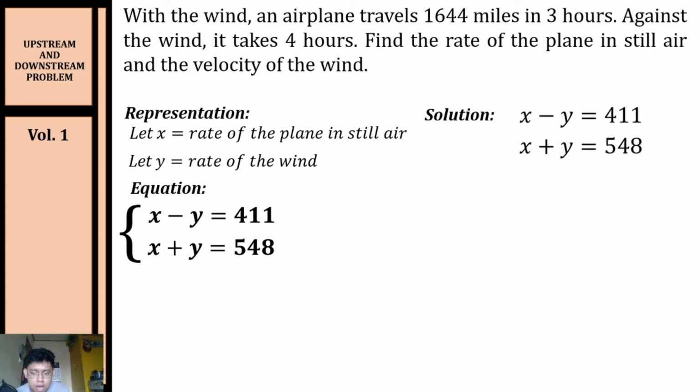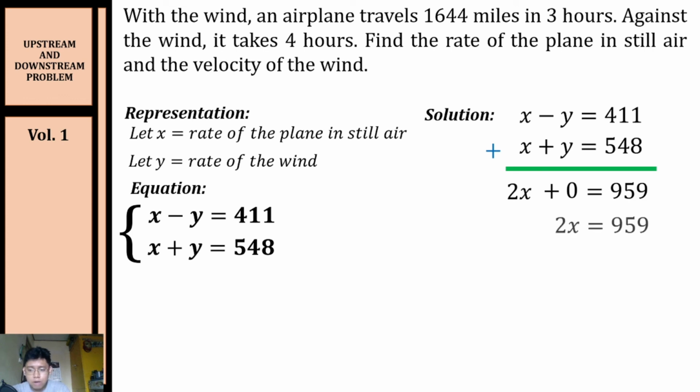I will eliminate the variable y by adding the two equations. So x plus x will be equal to 2x. Negative y plus y will be equal to 0, and 411 plus 548 will be equal to 959. So our equation will be 2x is equal to 959.